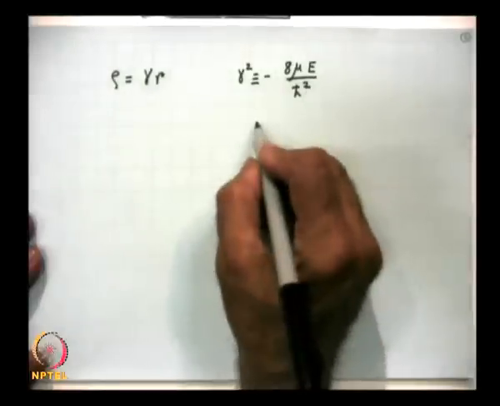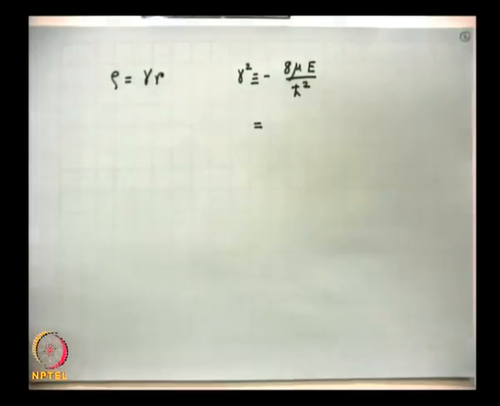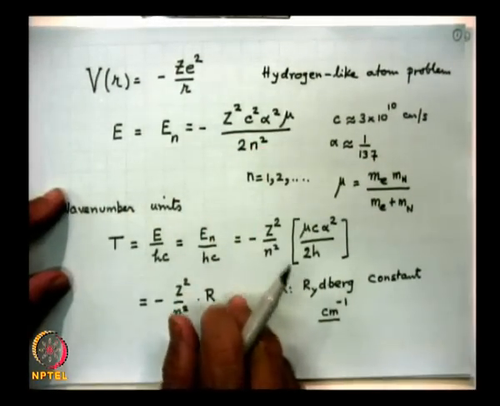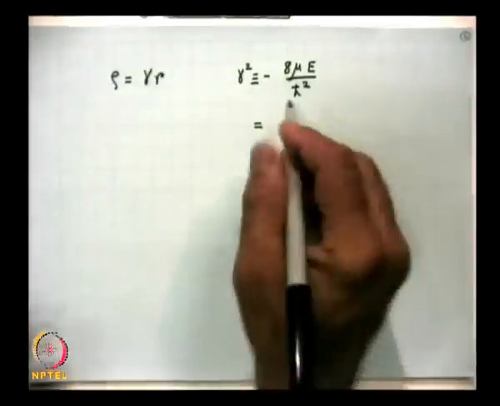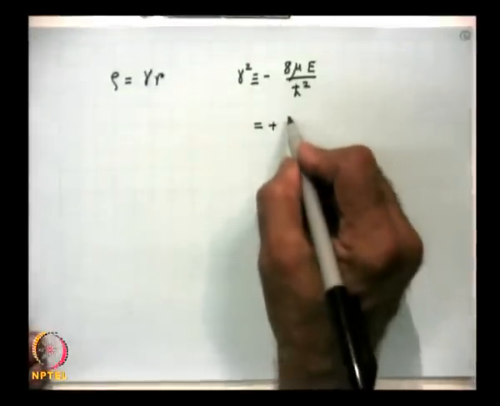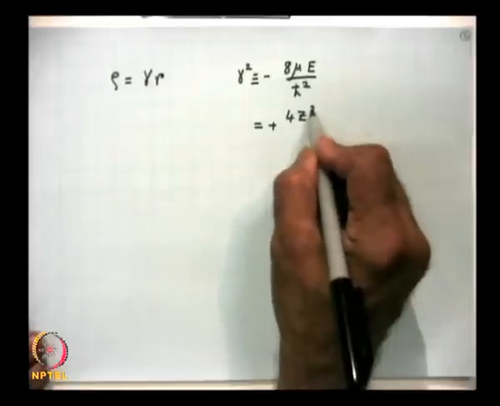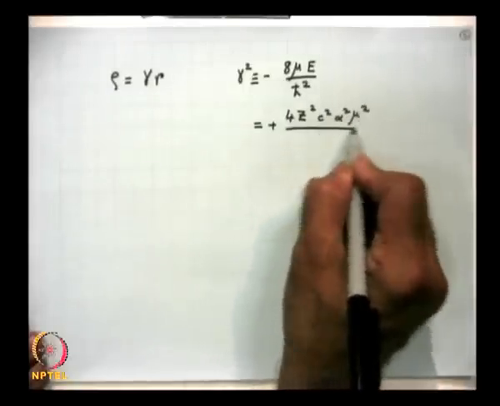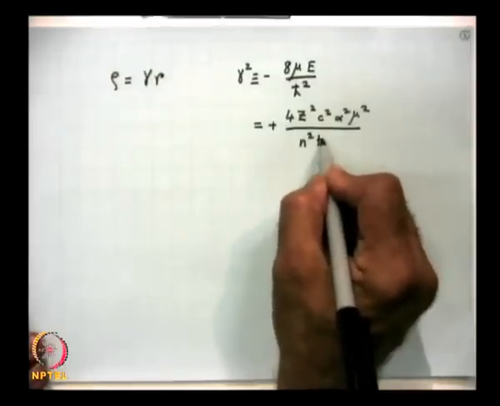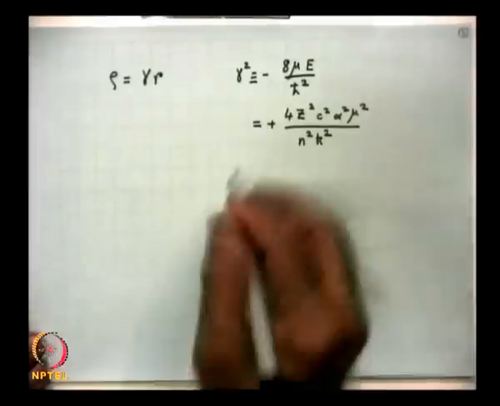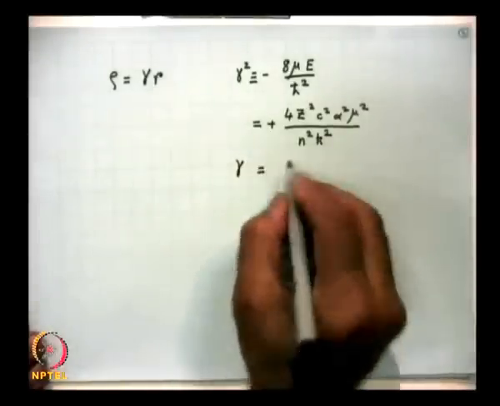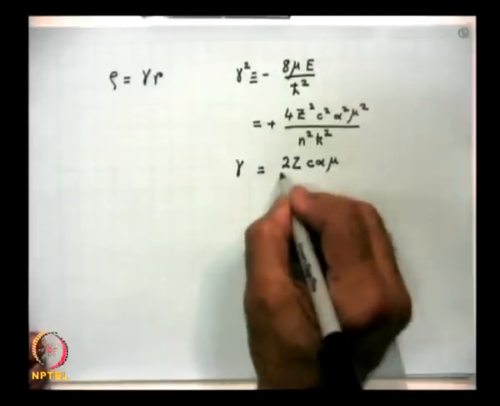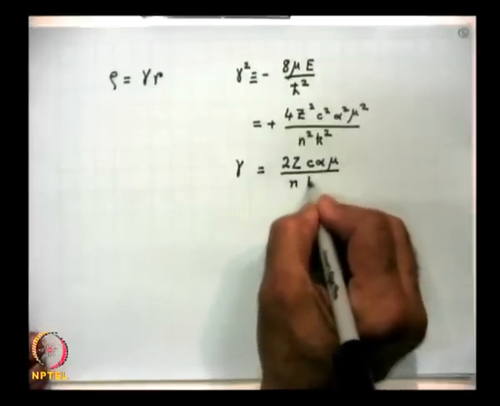Now, E takes negative values, as I have just now shown the expression for E_n is this, and if we now substitute it here, then you will get plus 4 Z square c square alpha square mu square by n square h cross square. So, therefore, gamma is equal to 2 Z c alpha mu divided by n h cross.